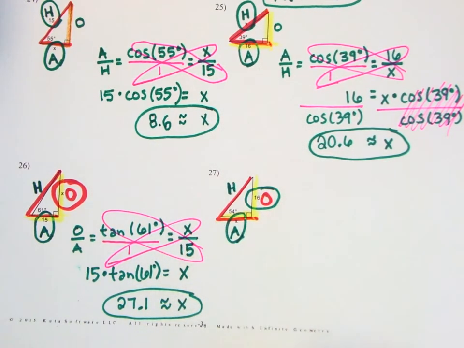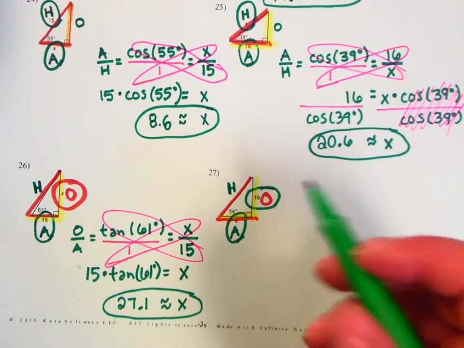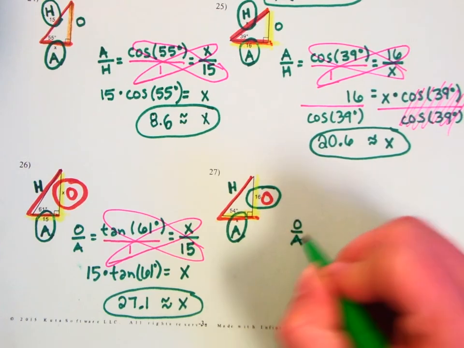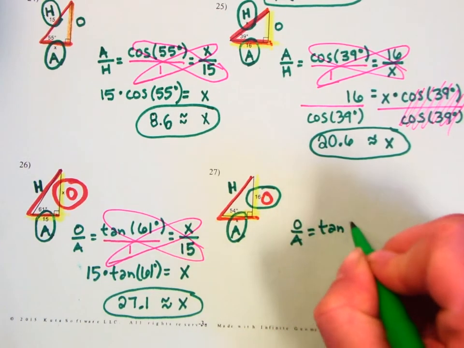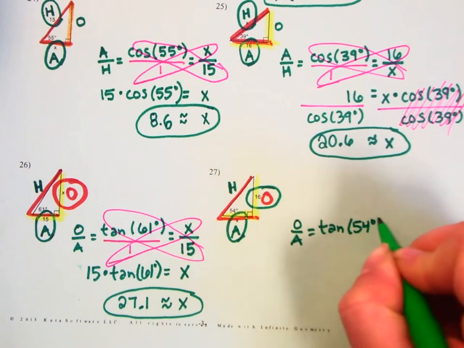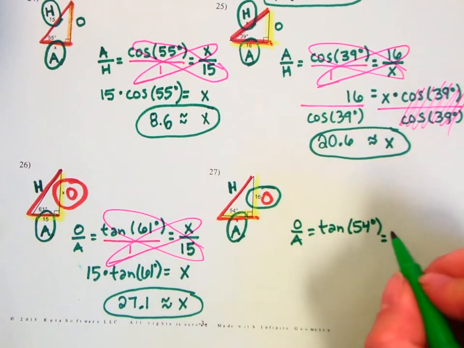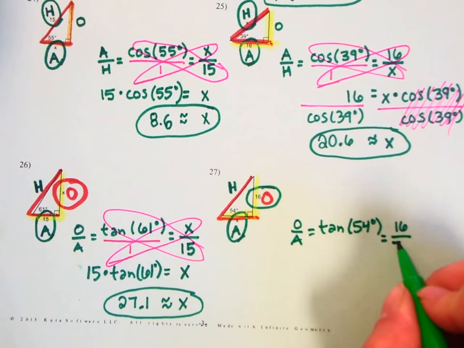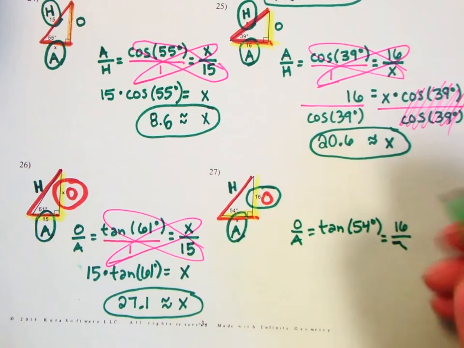I have information about opposite and adjacent, which tells me that I'm dealing with tangent once again. So I have the tangent of 54 degrees is equal to opposite, which is 16, over my adjacent, which is x.